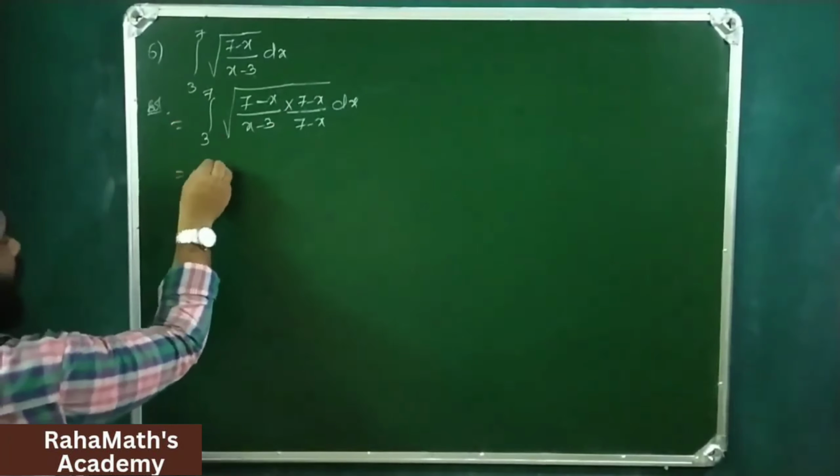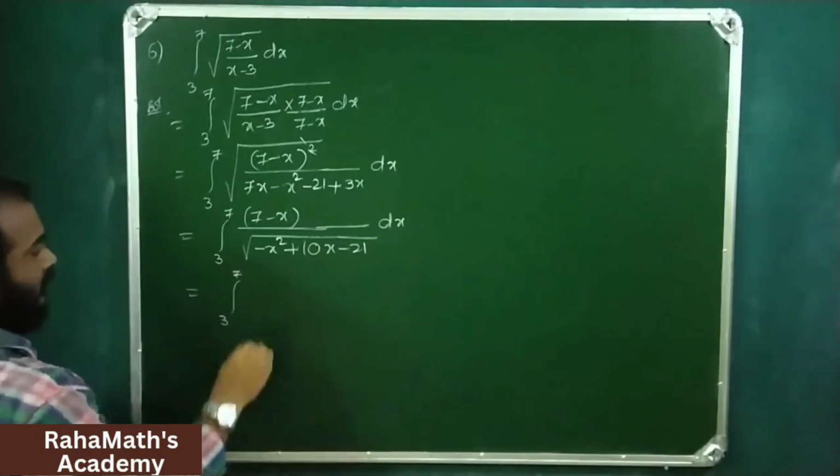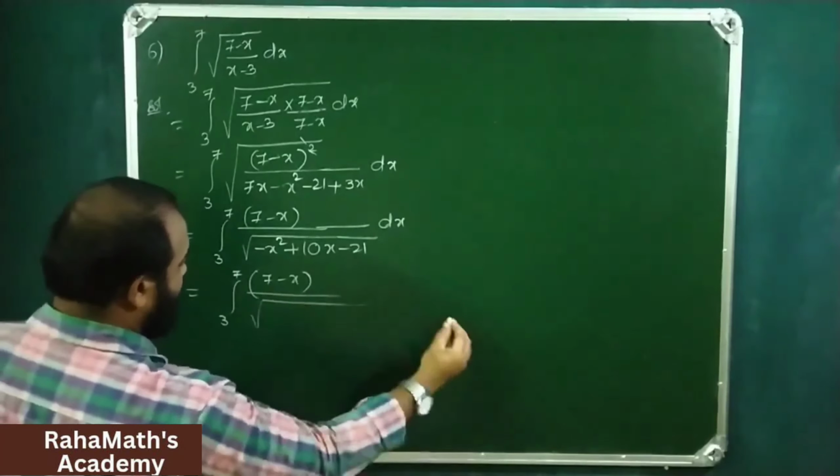This is equal to integral 3 to 7. So the square root gets cancelled, (7 minus x) by square root of minus x square, 7x plus 3x is 10x, minus 21 dx.